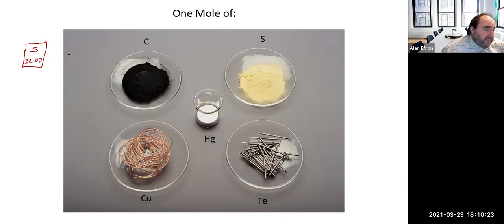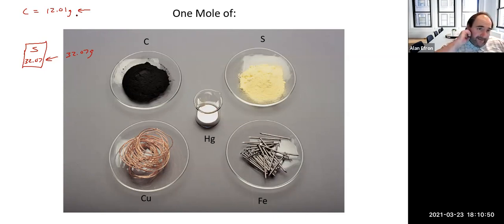That basically means there's about 32.07 grams of sulfur in 1 mole. But carbon is only 12.01 grams per mole. So 1 mole of carbon represents a physical quantity of about 12 grams, while 1 mole of sulfur represents about 32 grams.